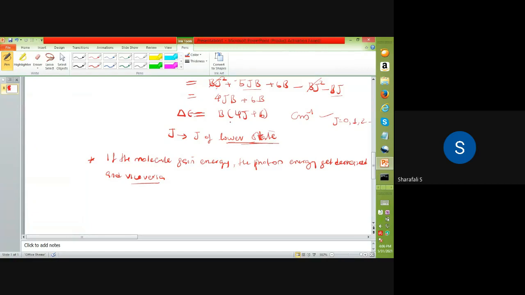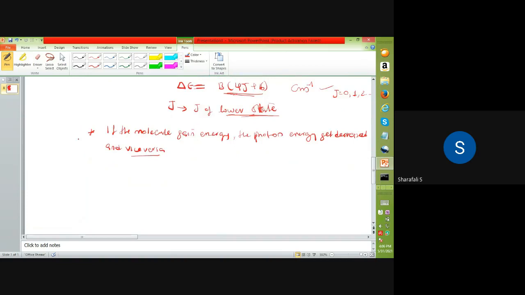So this energy difference can be written in terms of frequency as this. This is also an example.